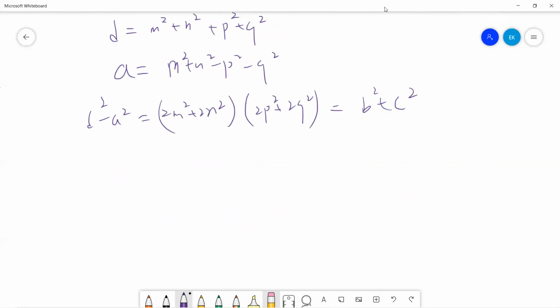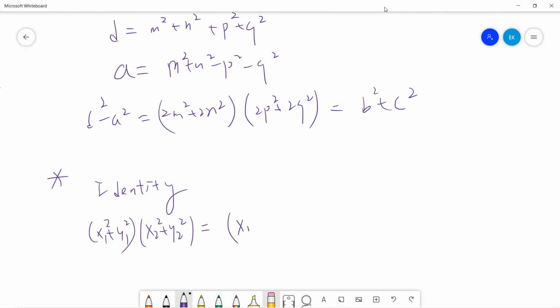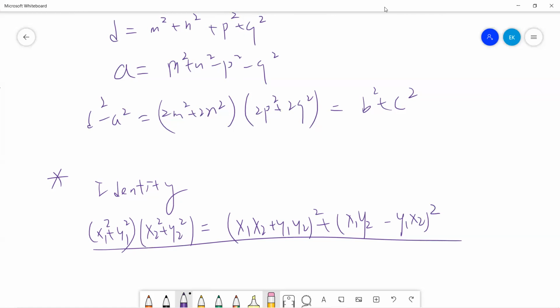There is a famous identity: x1 squared plus y1 squared times x2 squared plus y2 squared can be written as x1 x2 plus y1 y2 squared plus x1 y2 minus y1 x2 squared. Simple exercise.